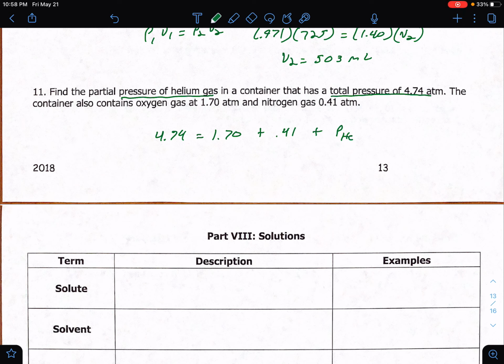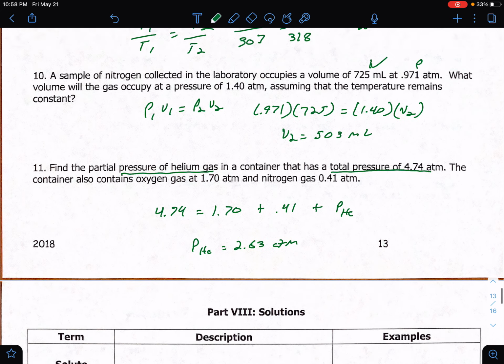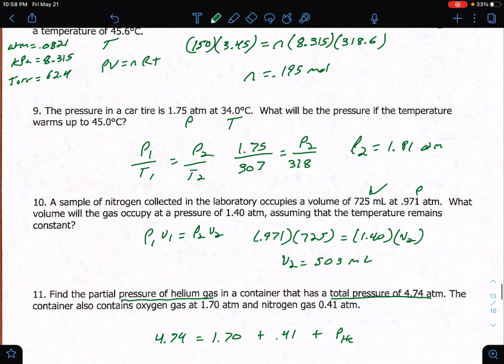Okay, so this is just simple math, so subtract 1.70 and 0.41 from both sides, and that means the pressure of helium is going to be 2.63 atmospheres. Okay, so that should be it there.